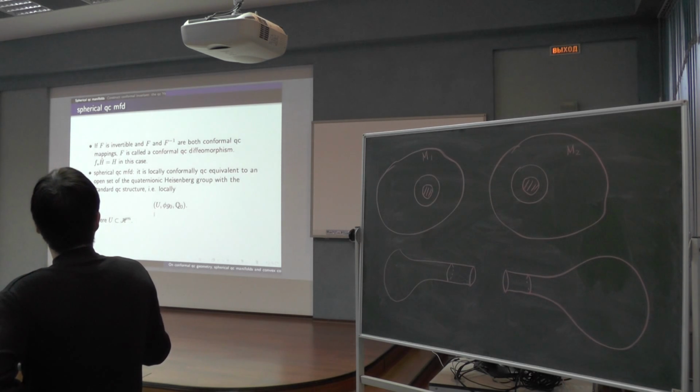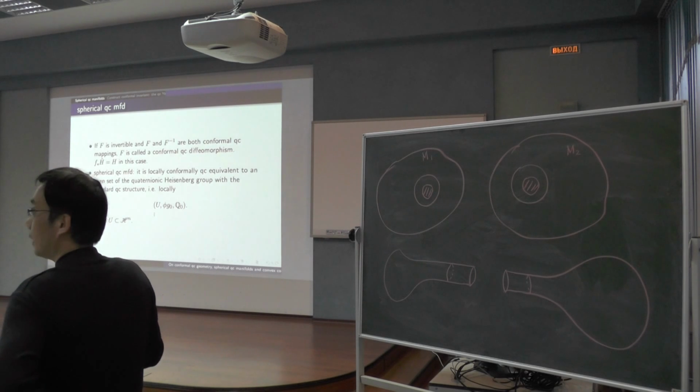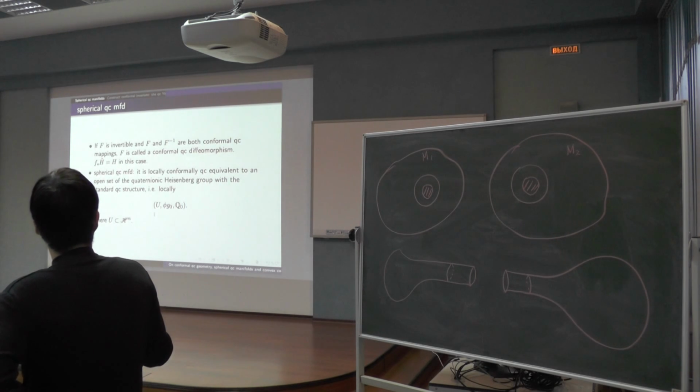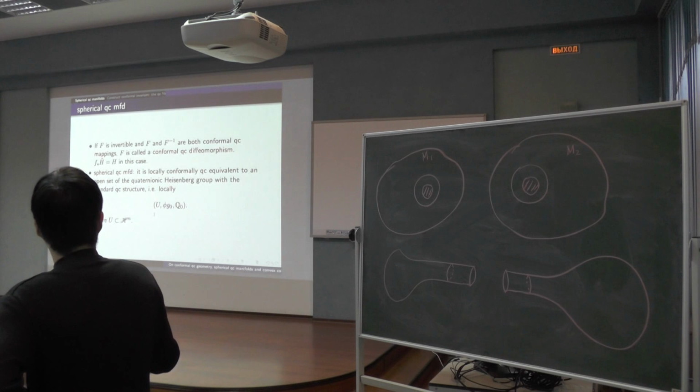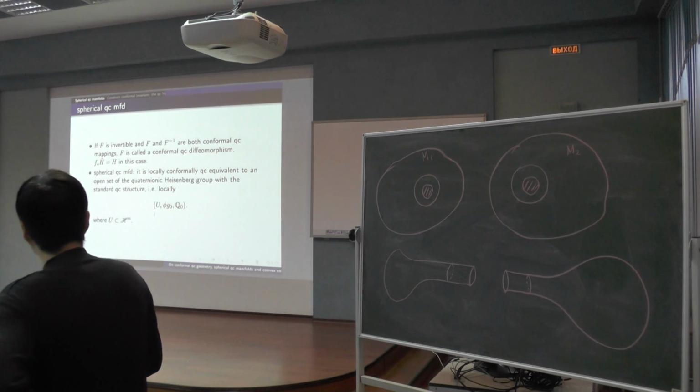If F and F inverse are both conformal QC mappings, we call F a conformal QC diffeomorphism. And a spherical QC manifold is a simply QC manifold that is locally conformally QC equivalent, meaning diffeomorphic to an open set U of the quaternion Heisenberg group with the standard structure g0, the standard metric on the quaternion Heisenberg group, up to some multiples.